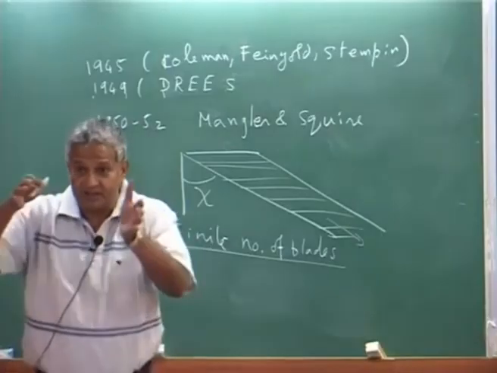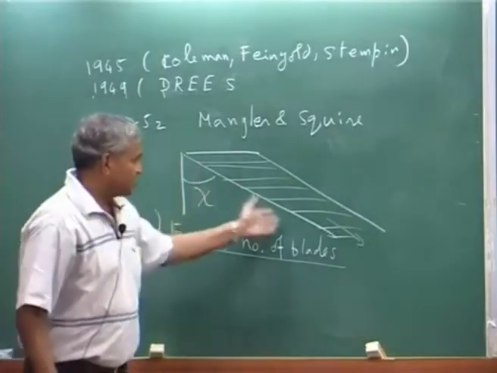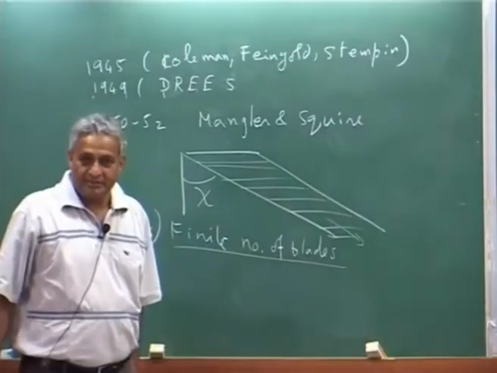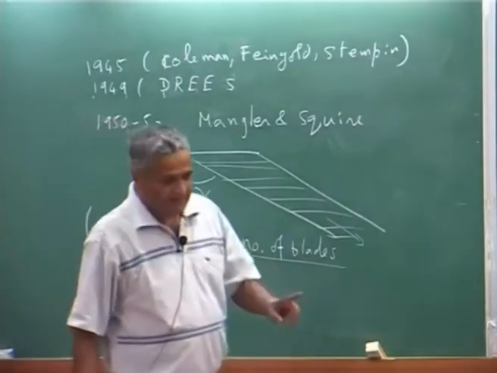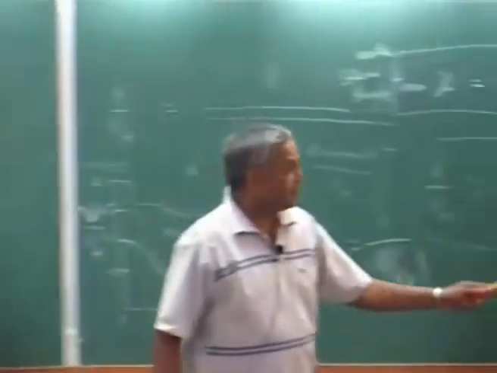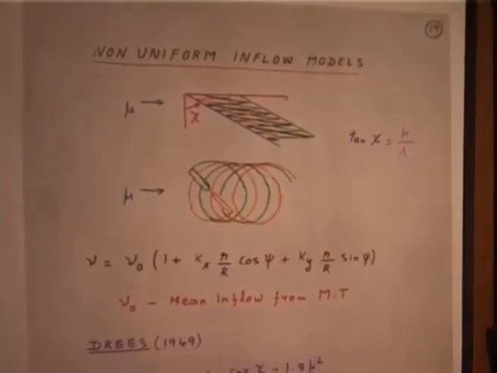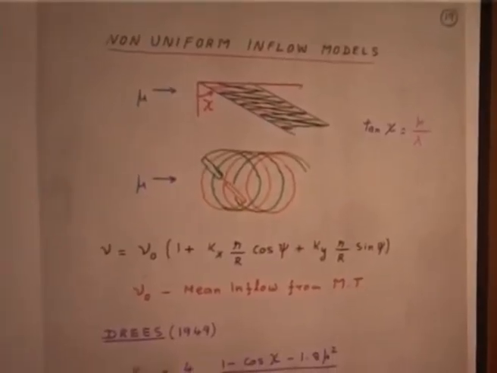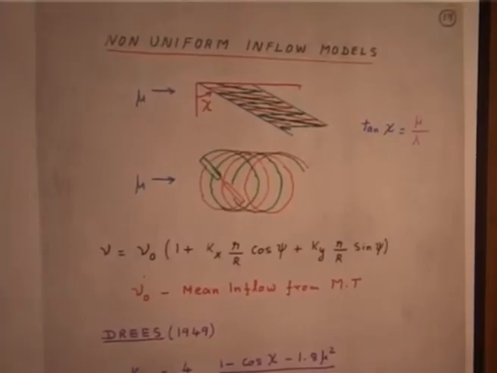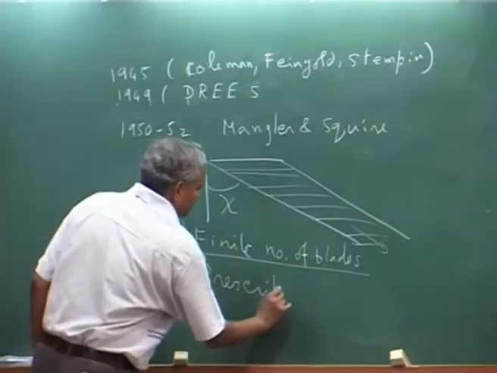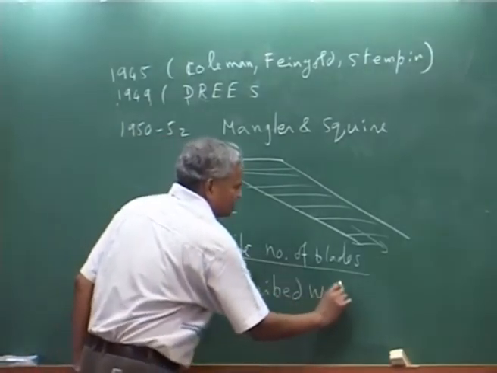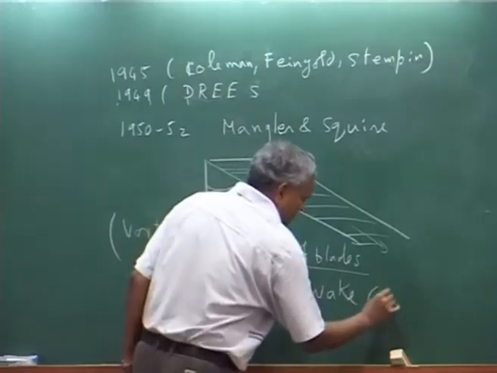But then what is the structure of the wake? This is the structure I have assumed. That means I will take something similar like this. Structure is decided. Only thing is I don't know the strength. And this is the prescribed wake analysis. Prescribed means you prescribe the wake structure.